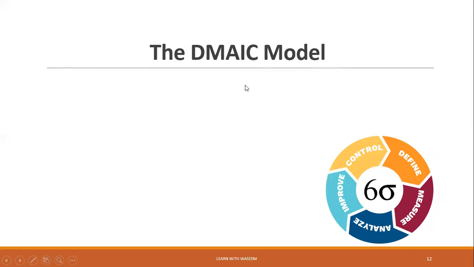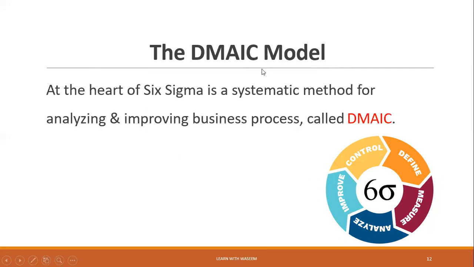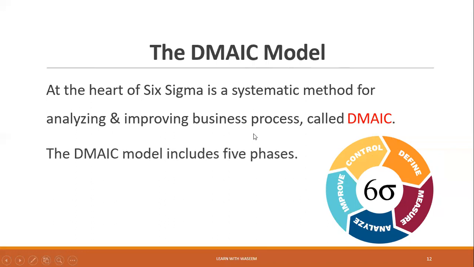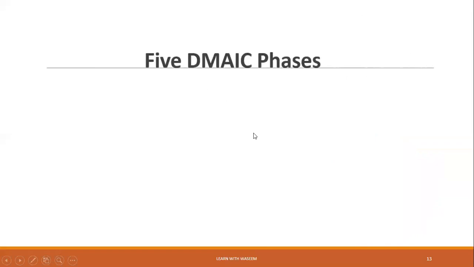Now let's talk about the very famous DMAIC model here. DMAIC, at the heart of Six Sigma, is a systematic method for analyzing and improving business process. We call it DMAIC. D means define, M stands for measure, A for analyze, I for improve, and C for control. So let's discuss the five phases of the DMAIC.